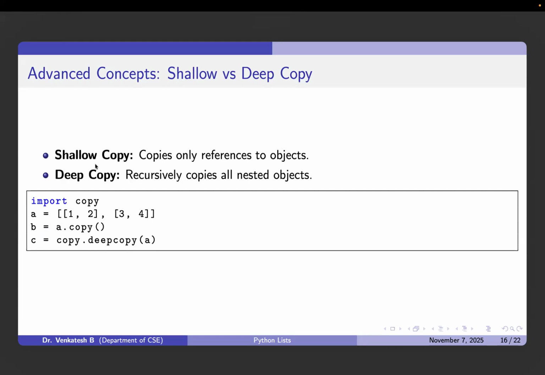If you want to copy only references to objects, we use shallow copy, and deep copy is used when we want to recursively copy all the items in the list. That is the difference between shallow copy and deep copy.